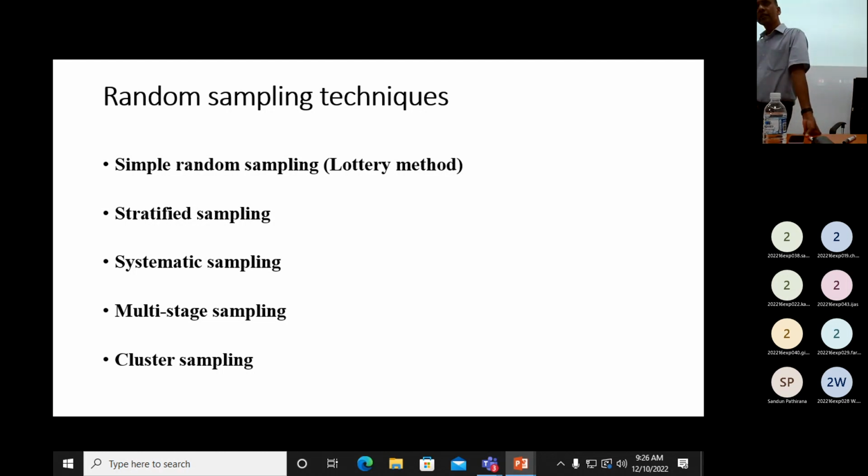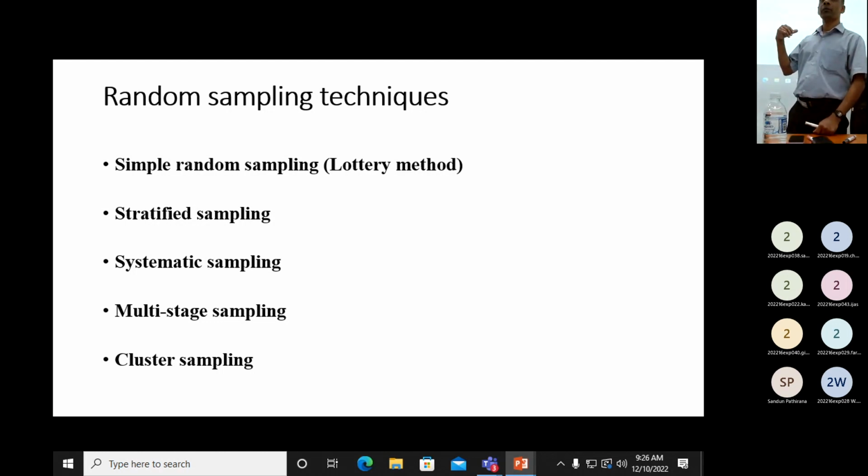Now we need 10 employees. Then to do the calculation, our sample: 10 over 5 multiplied by 3, 6 male. 10 divided by 5 multiplied by 2, 4 female employees.